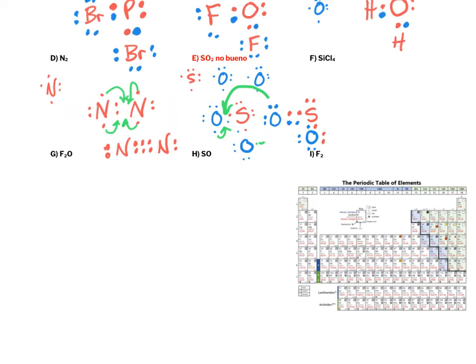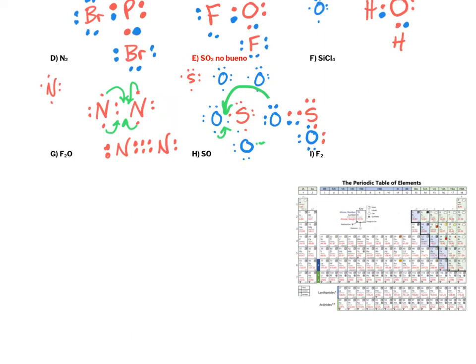We have an octet around oxygen, an octet around sulfur, and an octet around oxygen. So on one side, the oxygen is double bonded, on the other side, it is not. All right, sulfur dioxide. A little bit on the tricky side, that one.